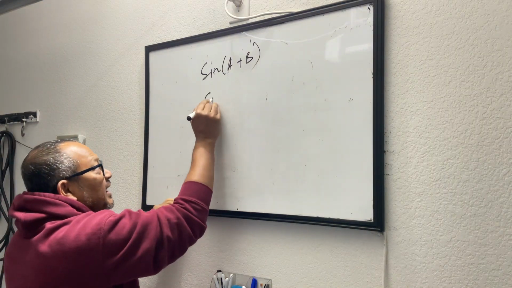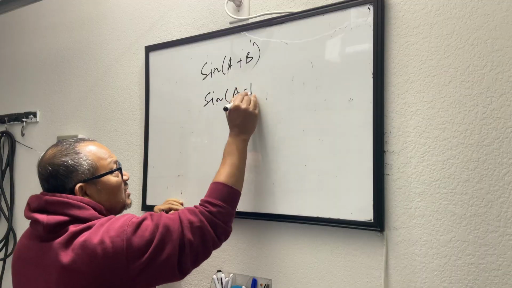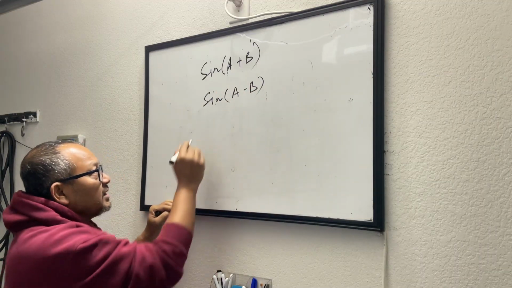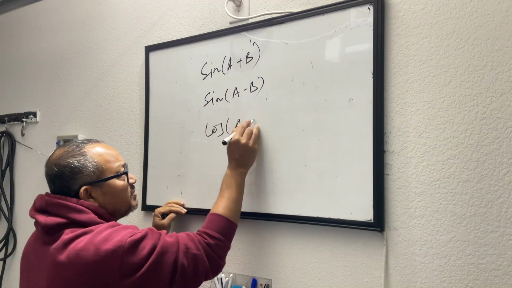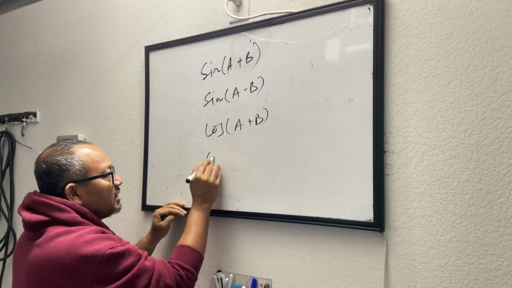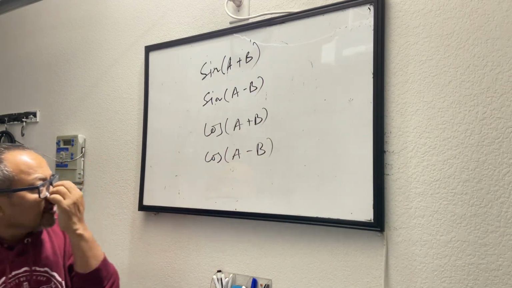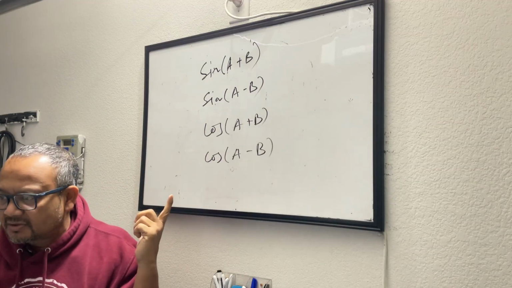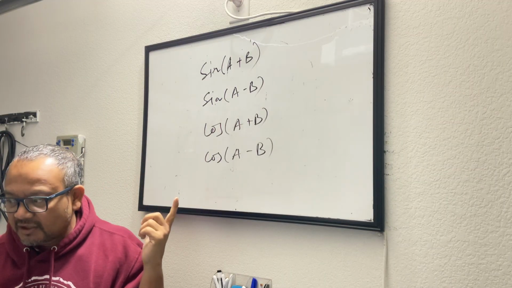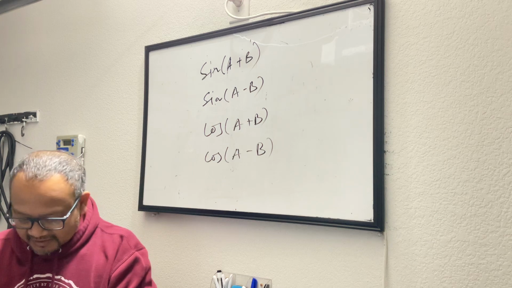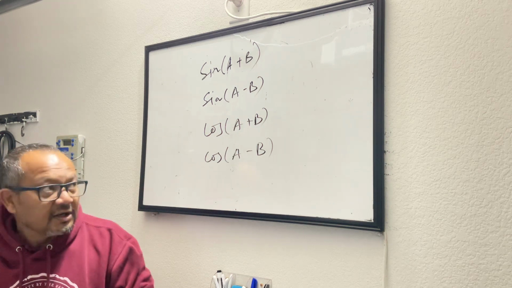Similarly, if I have sine A minus B, what is the value of that? Cos A plus B, what is the value of that? Cos A minus B. And you guys must be wondering, why do we need to learn all this? That's a valid reason for confusion or doubt.